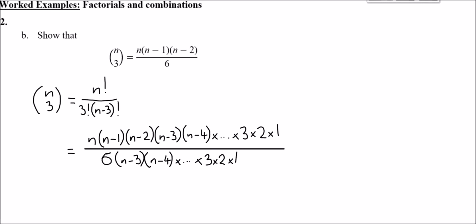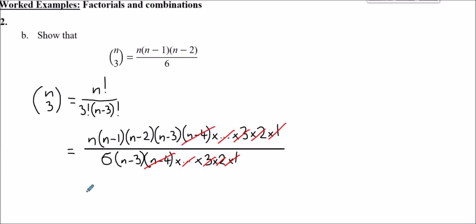By writing it in this long-handed way, you can see the pattern much clearer. There's going to be lots of cancellations on the top and bottom. We can cancel the 1, the 2, the 3, everything in between, and of course the n minus 4.